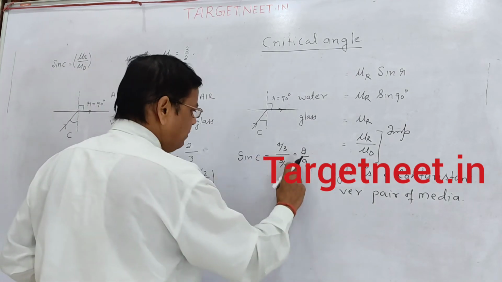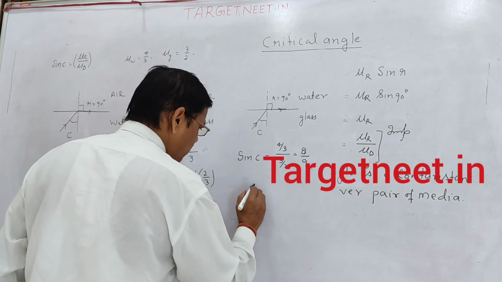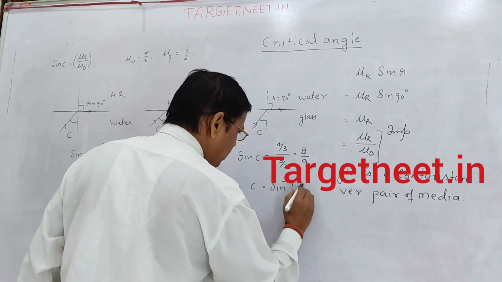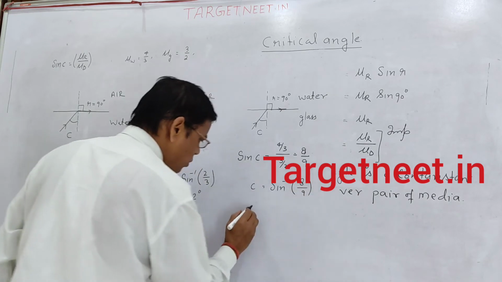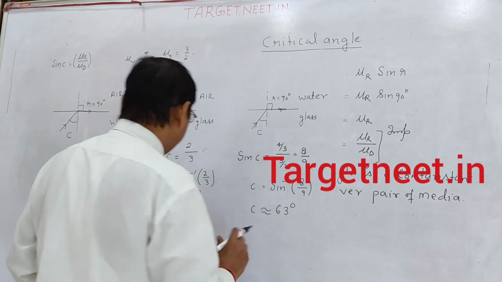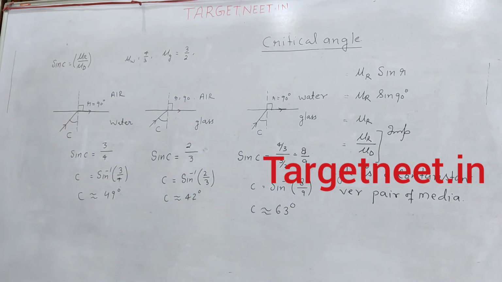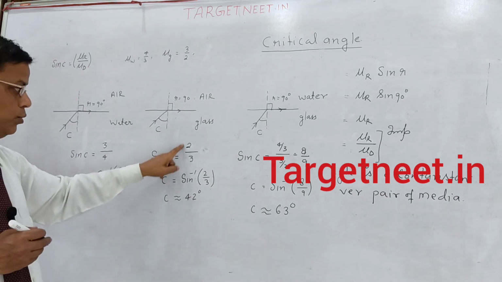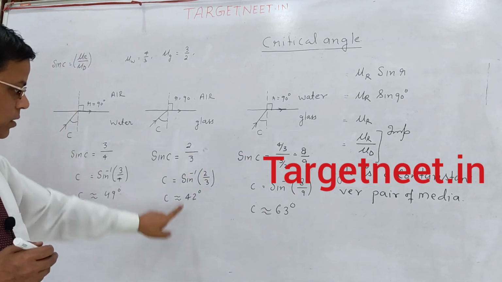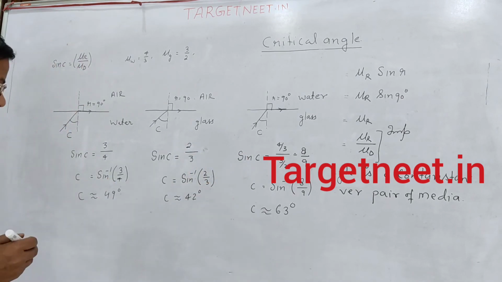And this is 0.79. So C will be sine inverse 8 over 9, or C is approximately 63 degree. So remember these results. The more the ratio, the more the C. The lesser the ratio, the lesser the value of C. So of the ratios this, this and this, this is least. That's why C is least among all these three.